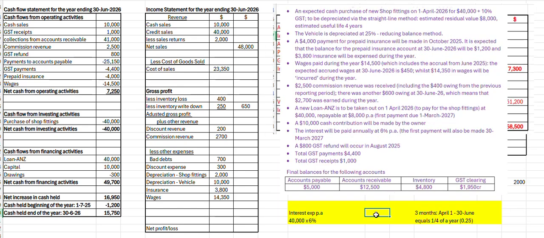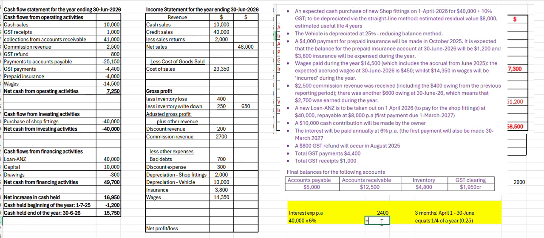So we've got 40K. We multiply that by 0.25 and we get $10,000. Sorry, take 2, 40,000 times 0.06 equals 2,400, and now we need to divide that by 4, quarter of a year.